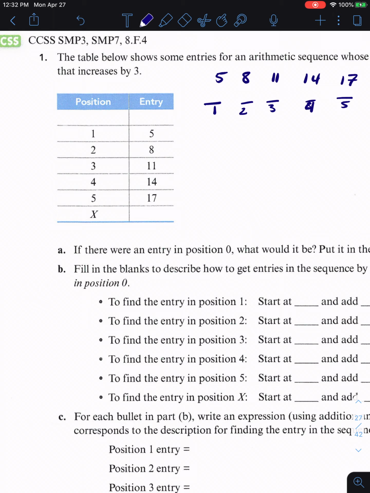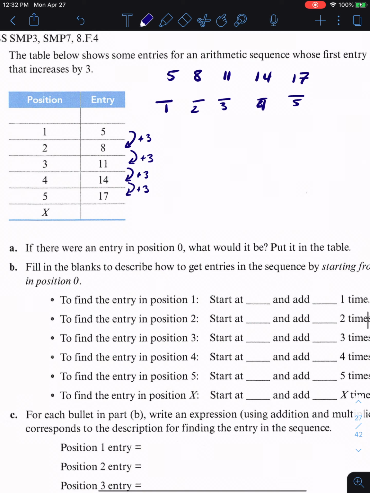A lot of the kids will start looking at these numbers and they'll say, hey, I add 3 each time. Right? So it's as if I'm making that arm longer by 1, and I have 3 arms. So if I wanted to get position 6, it would be 20. Well, but if I wanted to go from 17 to 14 to 11 to 8 to 5, wouldn't I be subtracting 3 each time?